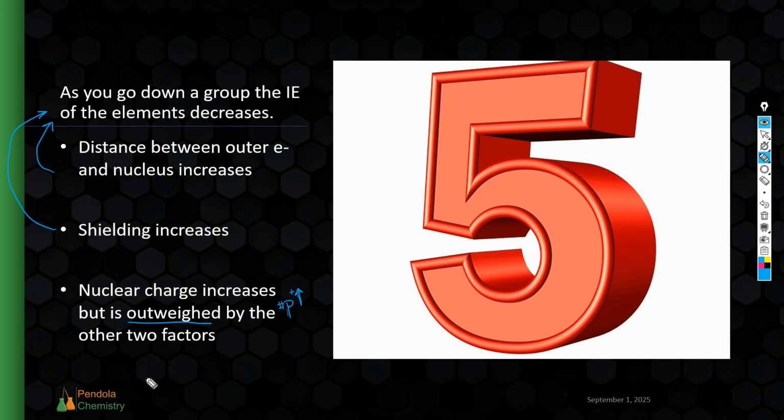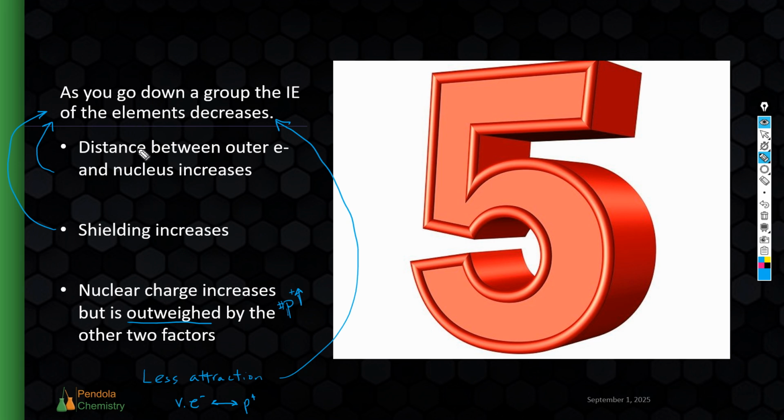The shielding and the distance means less attraction of the electrons, more specifically the valence electrons, to the protons in the nucleus. And so that lower attraction means that our ionization energy is going to decrease as we go from top to bottom.